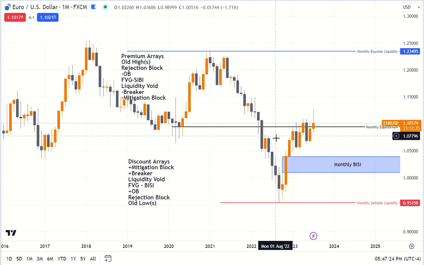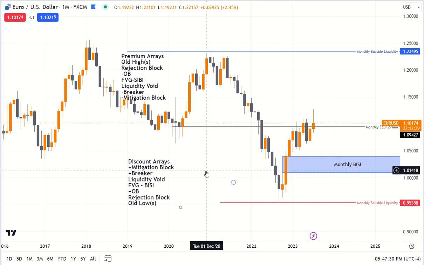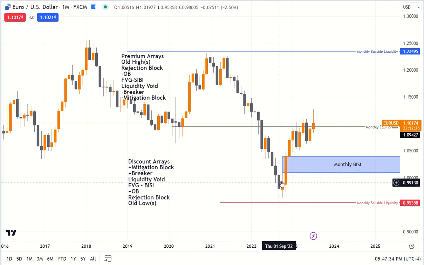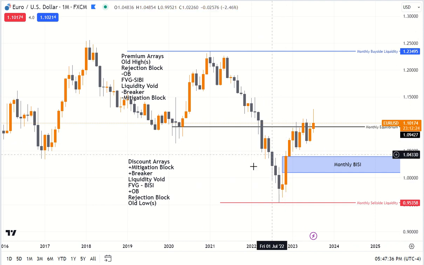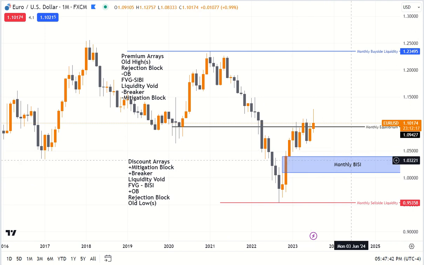This, I think I would go to a lower time frame if I wanted to get an order block. I would be more happy with a weekly, right? So, not really void of liquidity. We do have sell side, we have buy side, no breaker, no mitigation. Okay, I'm happy with this level on the monthly, all right, on the discount side.